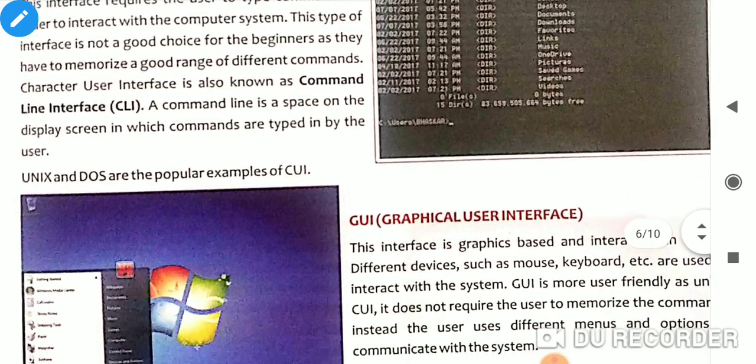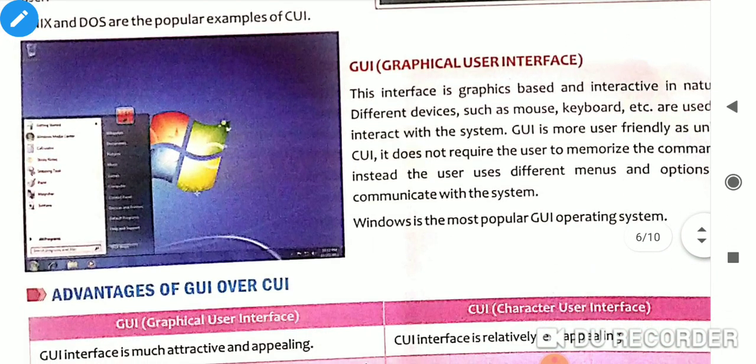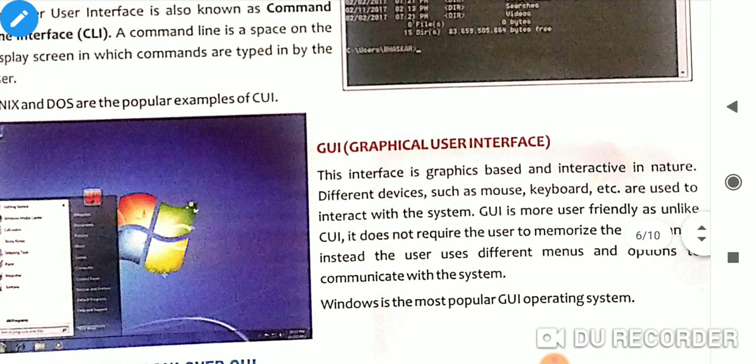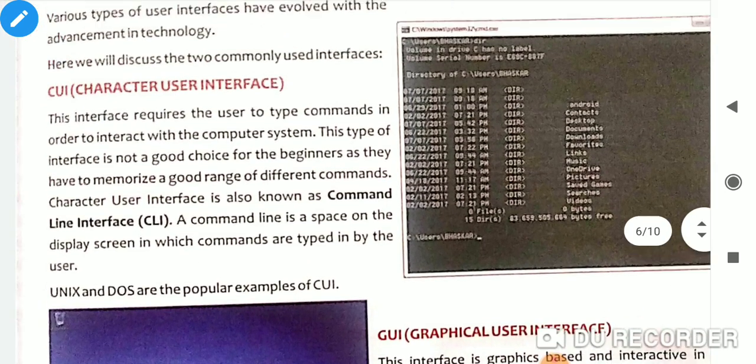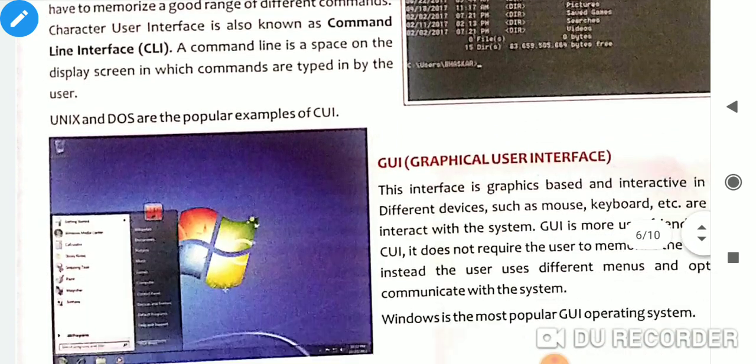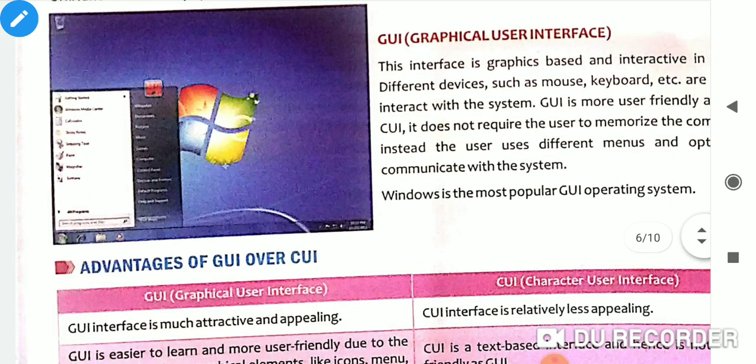The second and most popular type of user interface is the graphical user interface, and this is the interface that most people use. Like we as human users in our computer lab or anywhere, nowadays we use this interface.